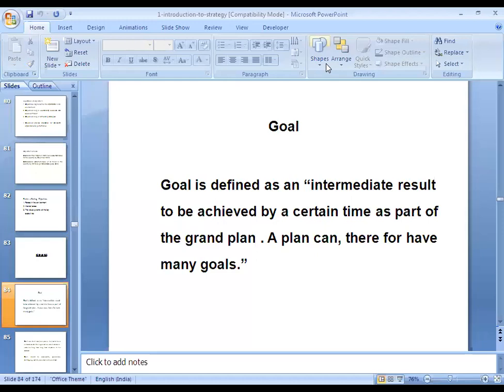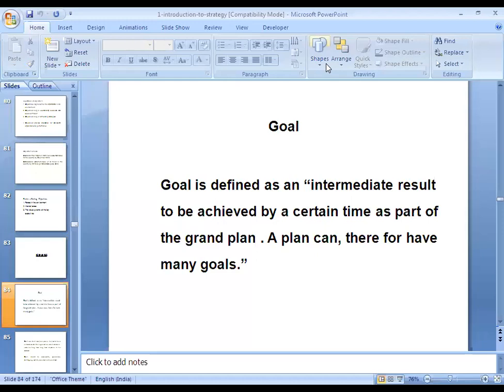Now let us discuss what exactly are the major differences between goals and objectives. Number one, alignment and order. Goals are set to achieve the mission statement of an organization or an individual, whereas objectives are set for the accomplishment of goals.